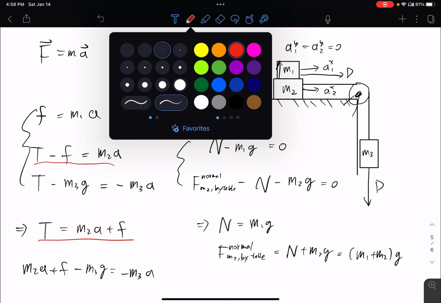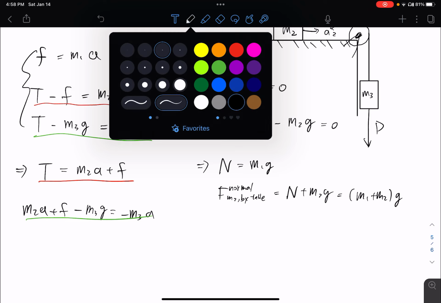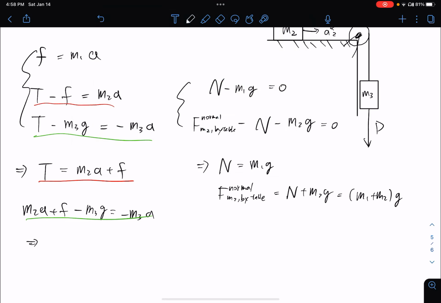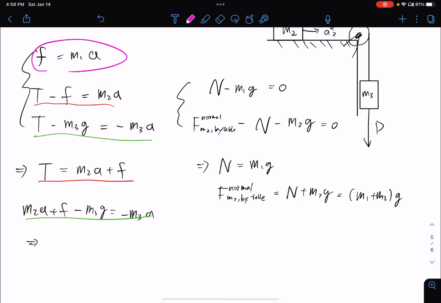This came from the third equation. And then we have that f equals m1 times a. Put it in here. We get that m2a plus m1a minus m3g equals minus m3a.